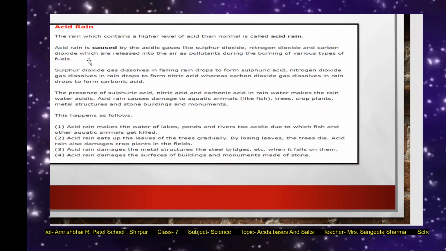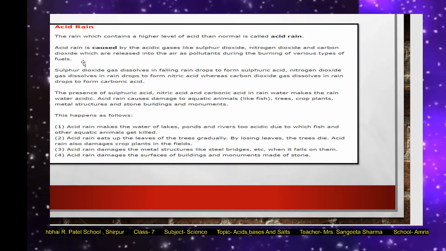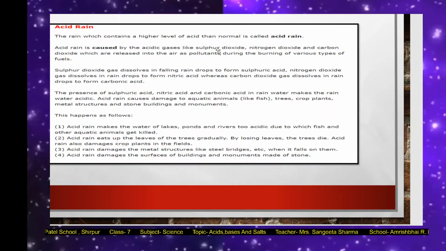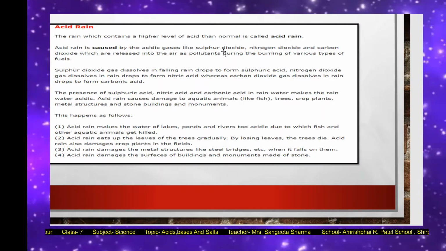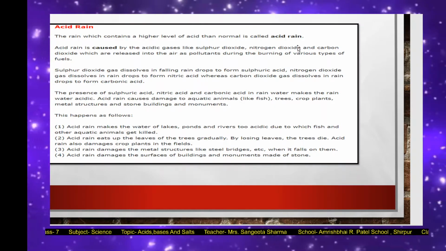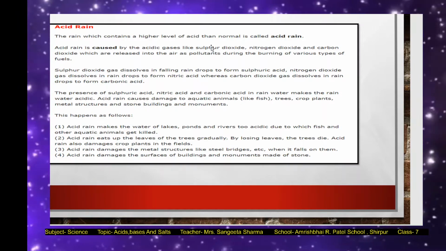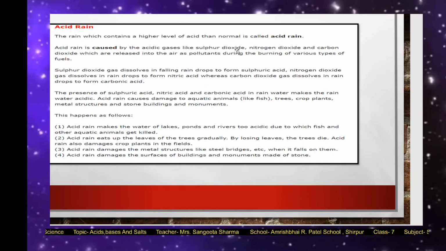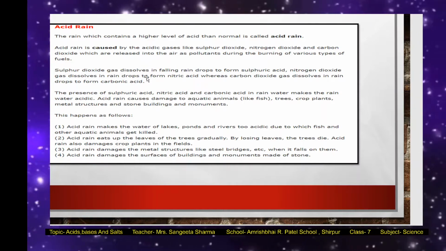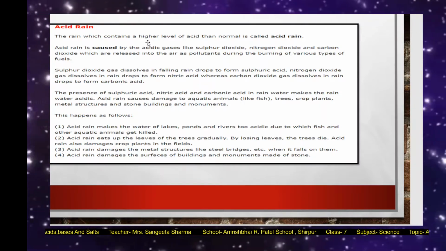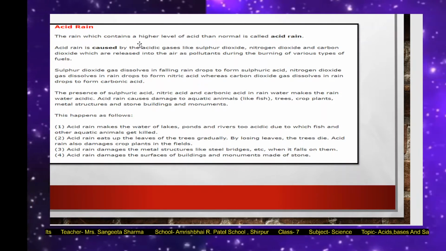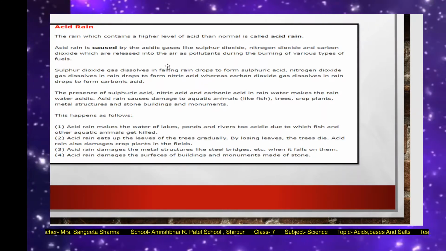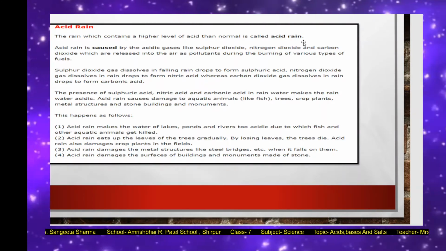When these fuels are burned, these harmful gases are released into the atmosphere, and whenever there is rain, these gases combine with the rain and form acids. That rain which has a higher level of acid is called acid rain.